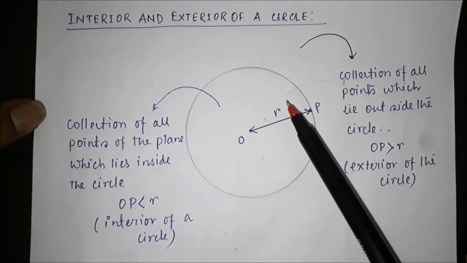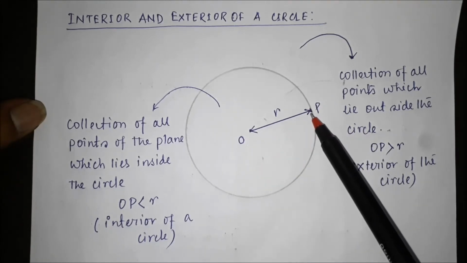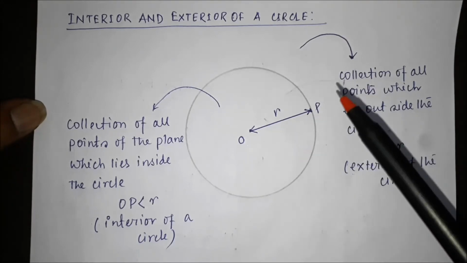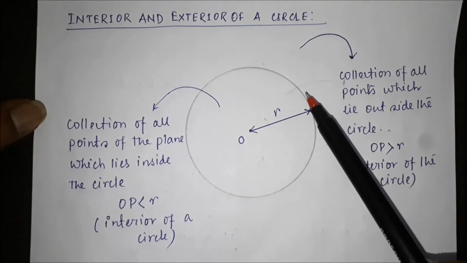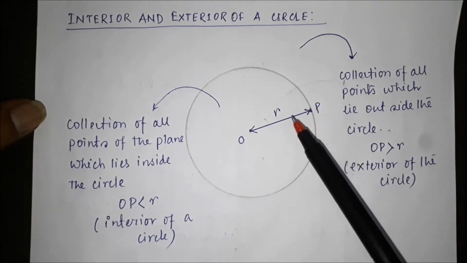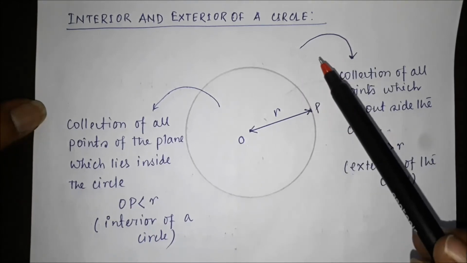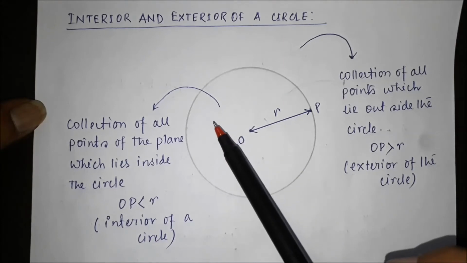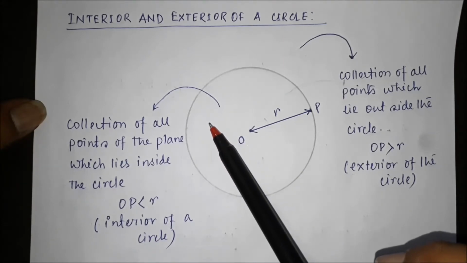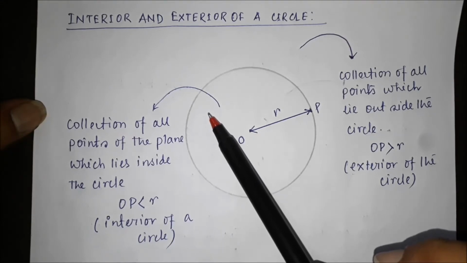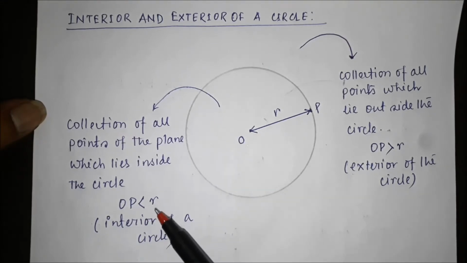Now, if you calculate the distance OP, if there is a point whose distance is greater than the radius, then we can say that the point is outside the circle, or exterior of a circle. If we consider a point inside the circle, we calculate the distance from the center to that point, and if it is less than the radius, we can say it is the interior of a circle.